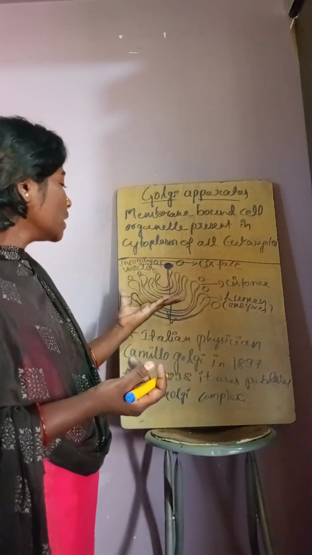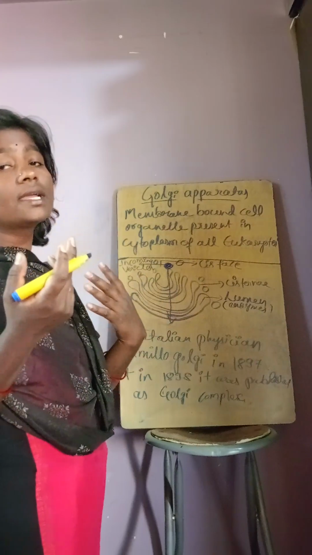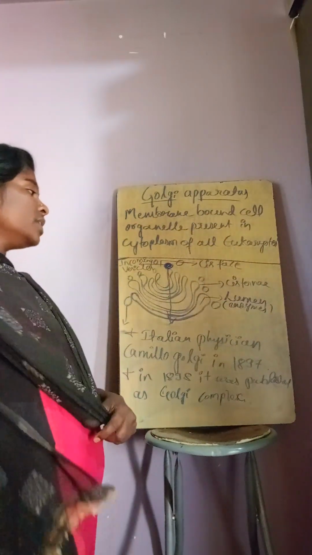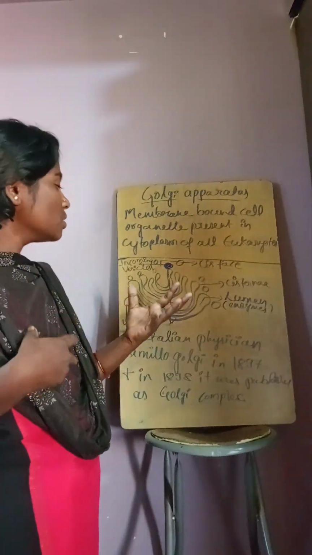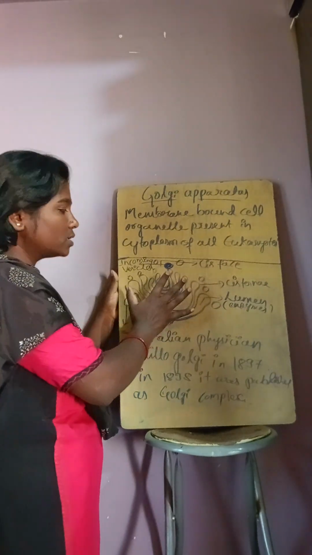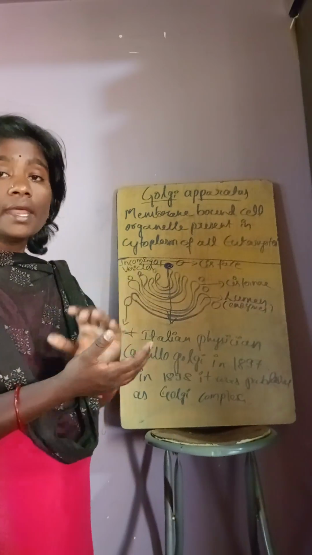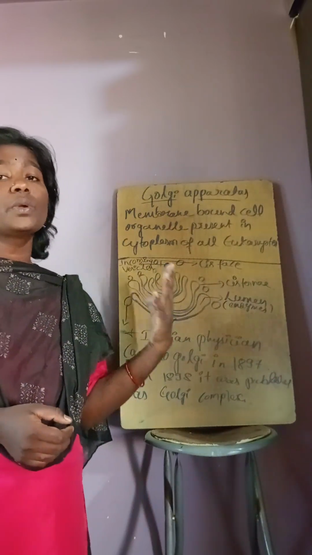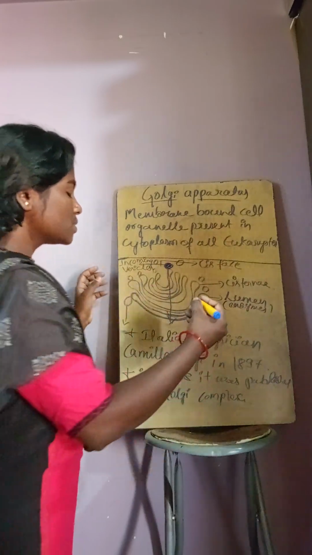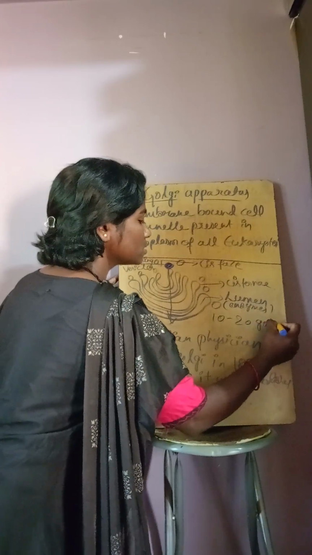Golgi apparatus are present more in active cells like muscle cells, cardiac cells and so on. In animal cells, this whole structure can be called a Golgi stack. In an animal cell we can observe 10 to 20 Golgi stacks.